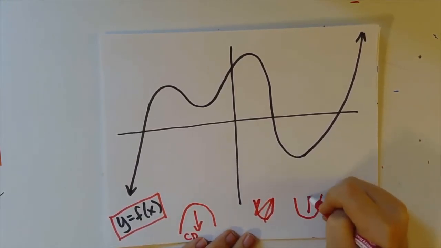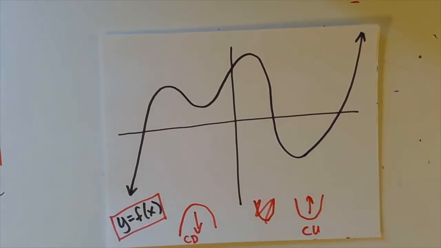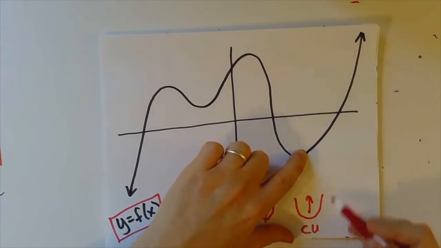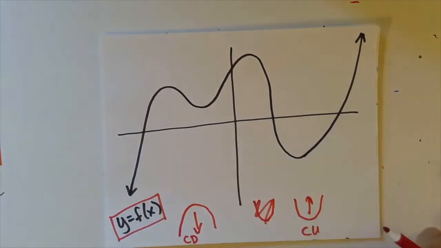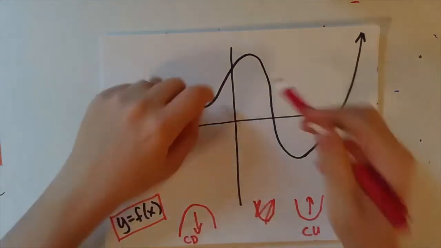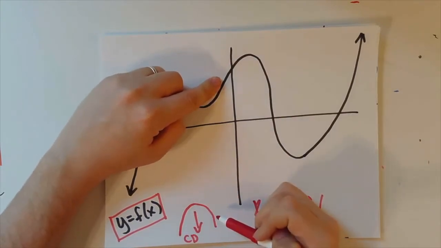That's what concave up looks like. So this piece over here is a piece of this graph, so it's concave up. So is this. But this piece here looks like that, so it's concave down there.